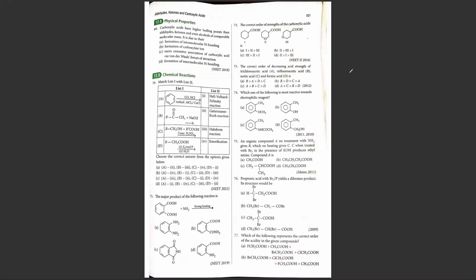So when you react your benzene in the presence of carbon monoxide and HCl, in the presence of anhydrous AlCl3 or cuprous chloride, you get benzaldehyde. Okay, so this same reaction is called as Gattermann-Koch reaction. So option number A will match with 2.